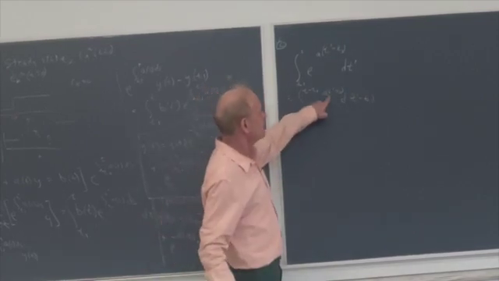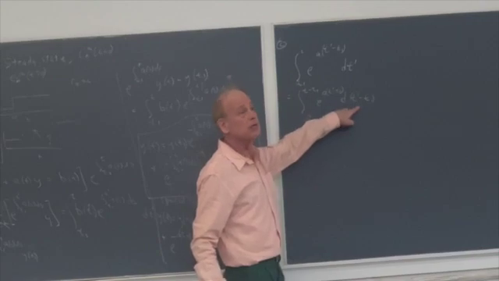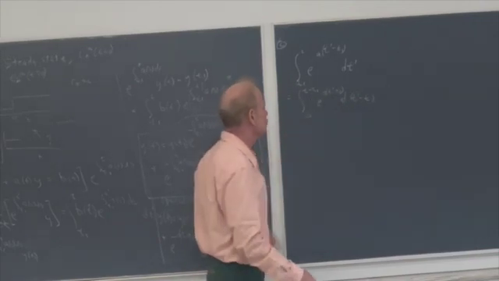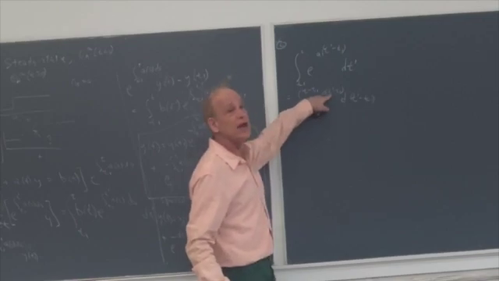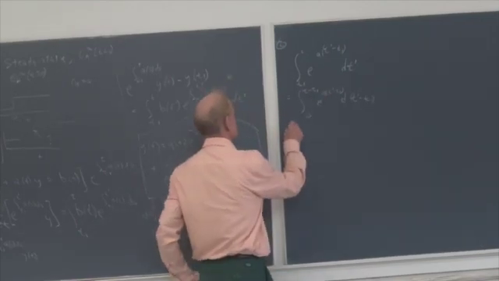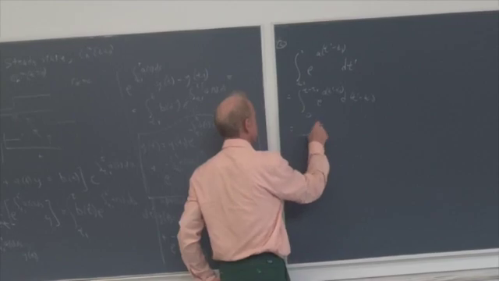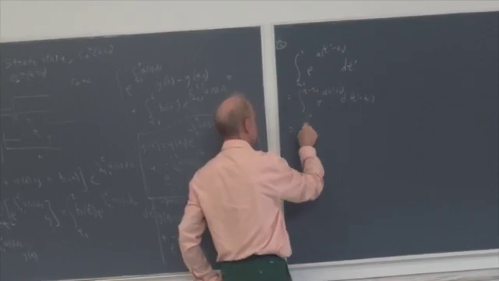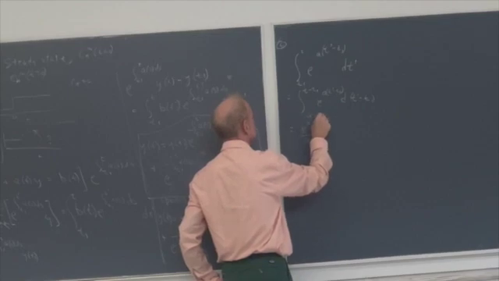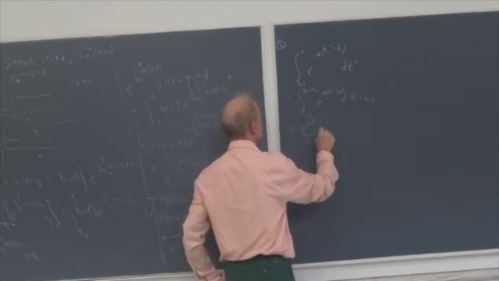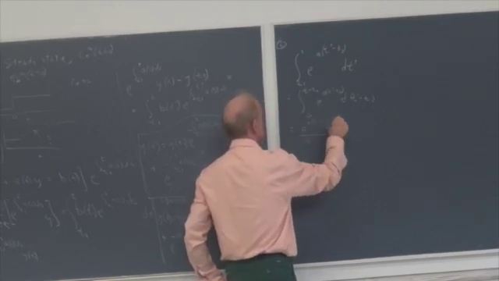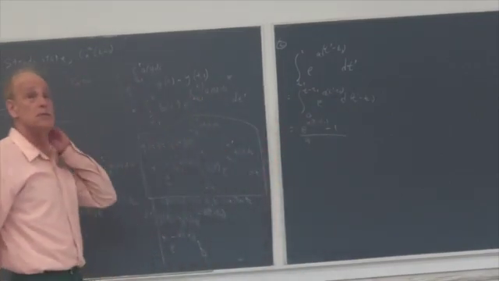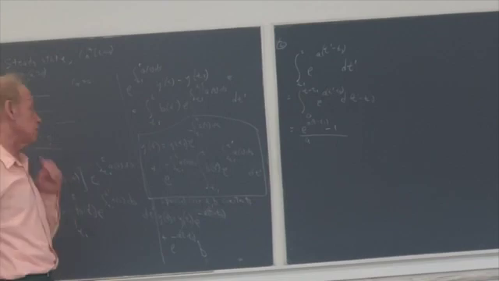So now I have the same variable here as I have here. So this is like e to the ax dx. So the integral of that is just e to the ax divided by a. So this is just 1 over a, e to the a times this. At the top, it's e to the a t minus t1 minus e to the 0, which is 1. Is that clear? It's a little bit of calculus.